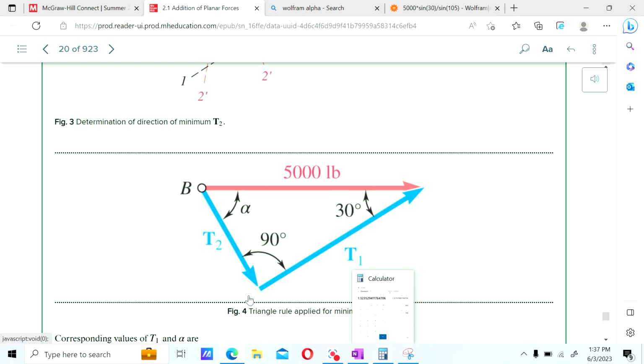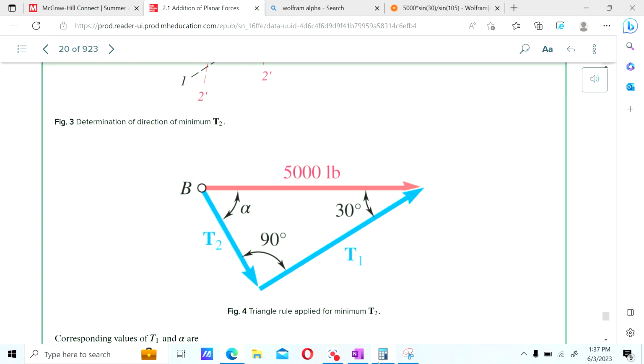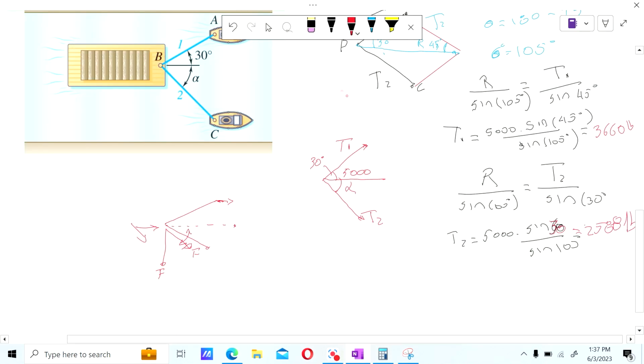That means that the minimum force at T2, let's go back here, the minimum force at T2 is when T1 and T2 form a 90-degree angle. So that is basically the minimum amount of force that you can have when T1 and T2 form 90 degrees.